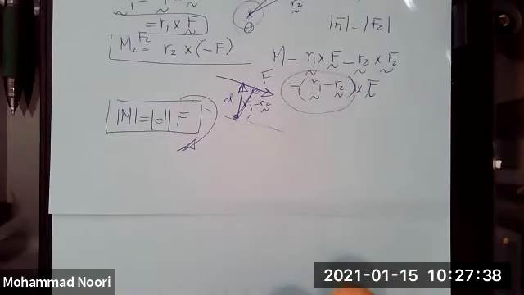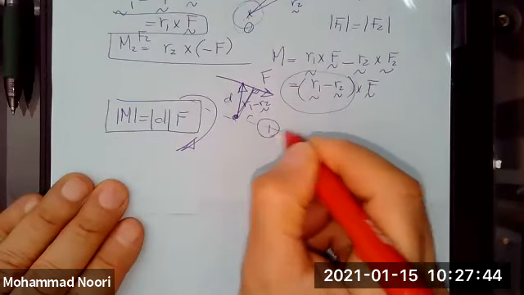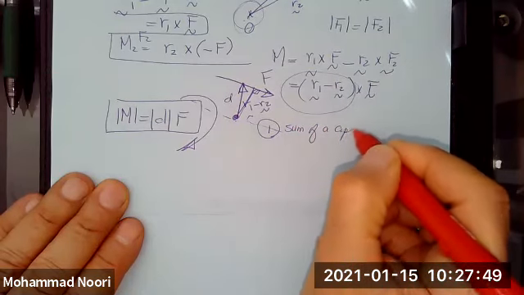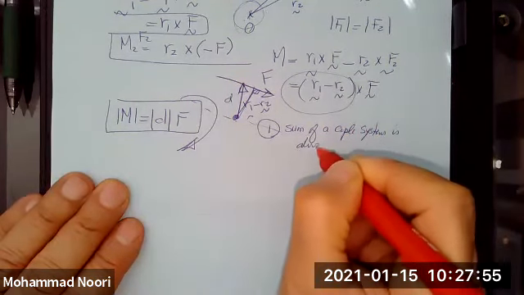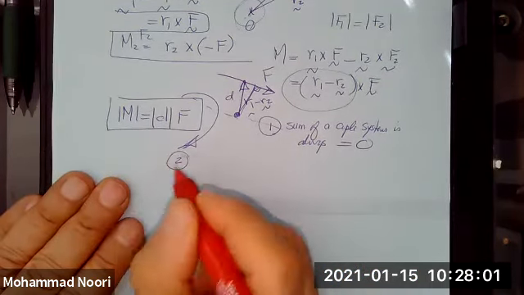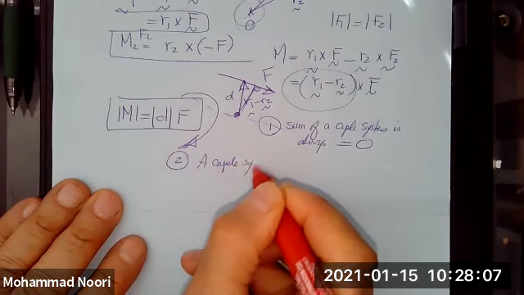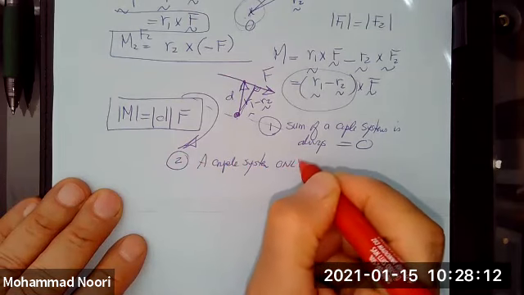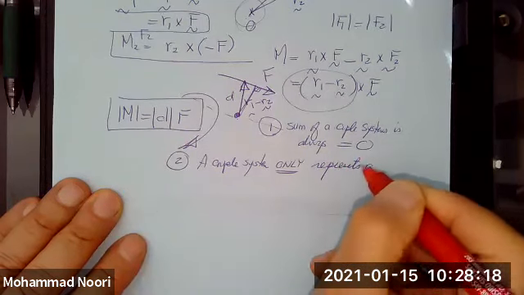So what this observation or analysis tells us is, one, the sum of a couple system is always zero. Conclusion number two is a couple system only represents a moment.